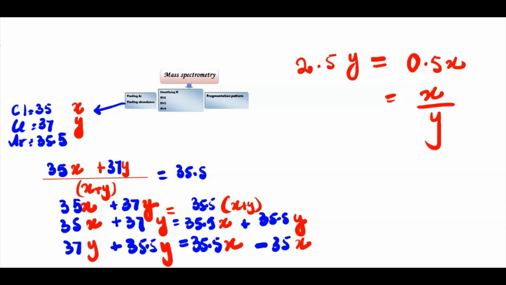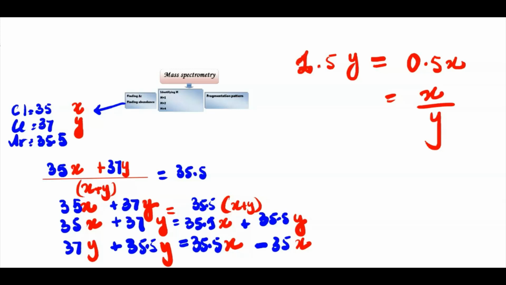x divided by y is 37 minus 35.5, let me check, sorry, it's 1.5, so we need to correct this thing.